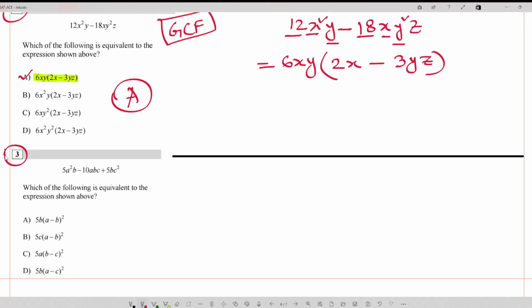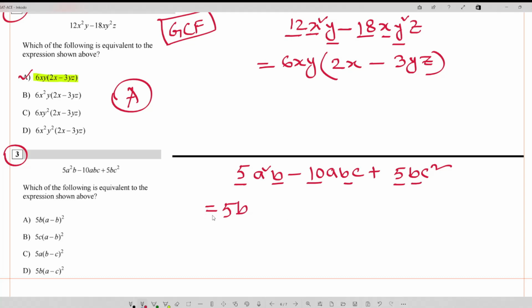Question 3: 5a square b minus 10abc plus 5bc square. So what is the common thing? Here is 5, here is 10, here is 5, so we can take common 5. Any more common thing? Look, here is b, and here is b.